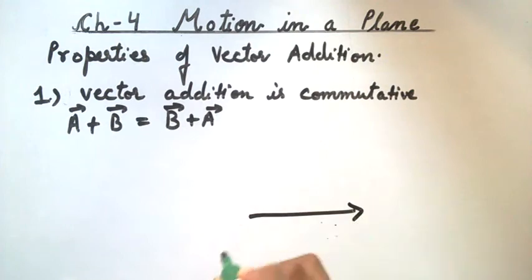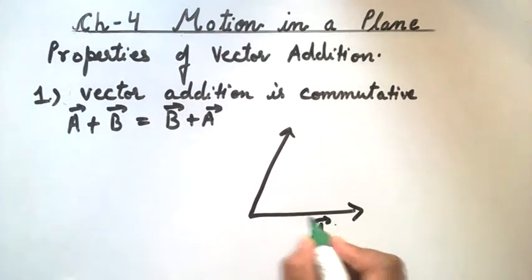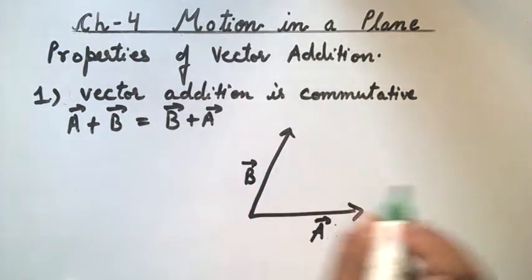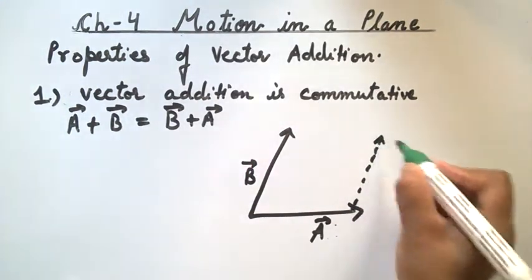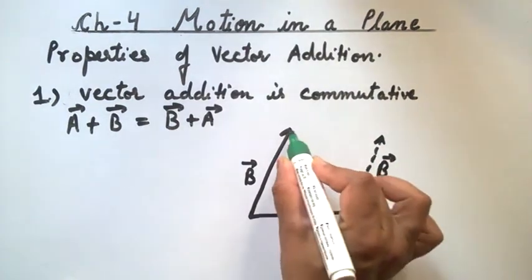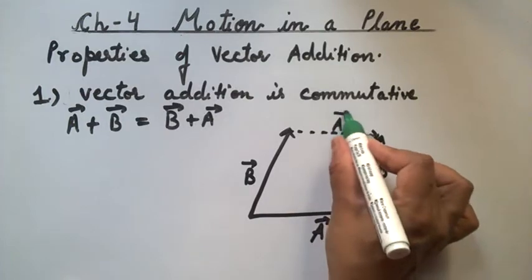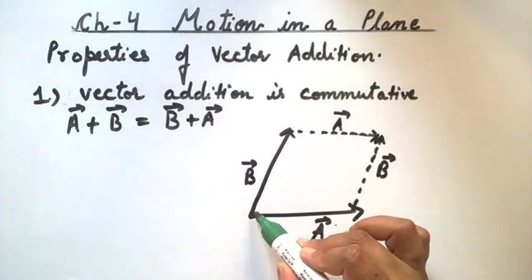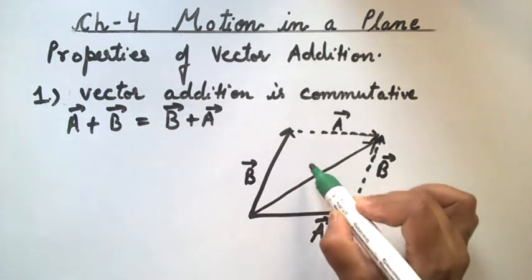If A vector and B vector are the two adjacent sides of a parallelogram, then their parallel sides give the same vector, which is the resultant vector.